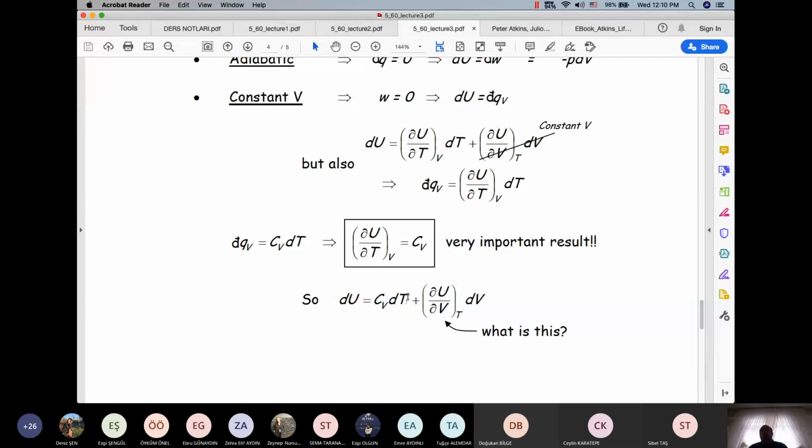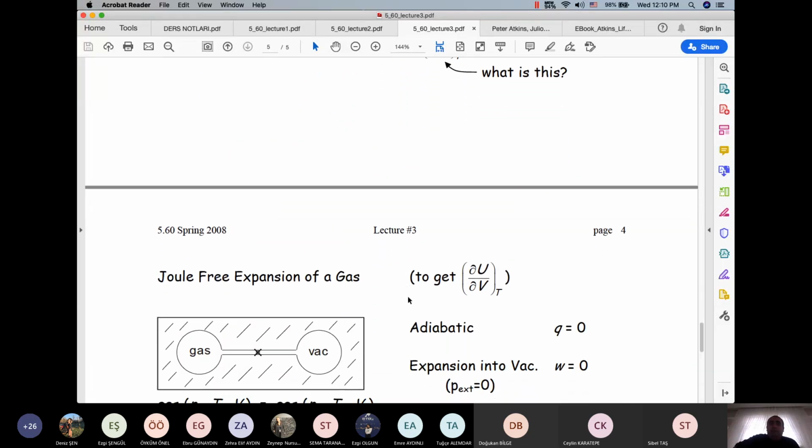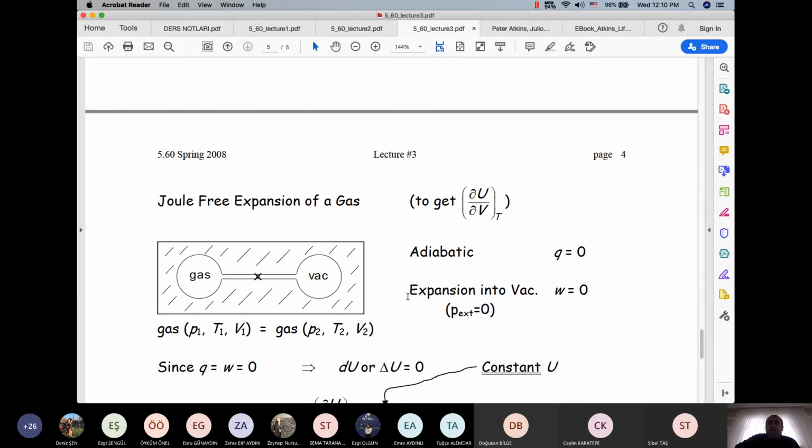This is something that Joule tried to determine by experiment, what we call today the Joule free expansion of gas, to understand what the value of this is. What does that mean?